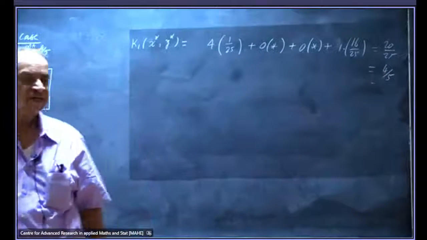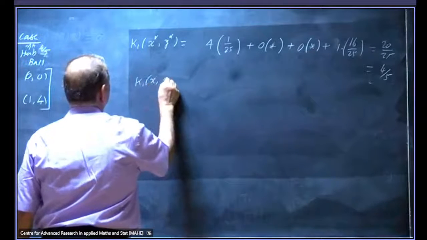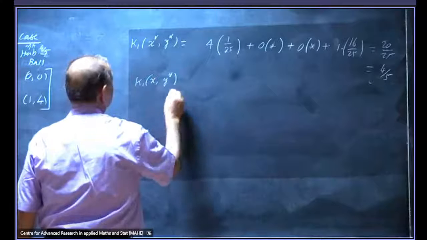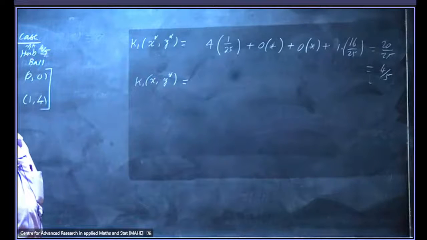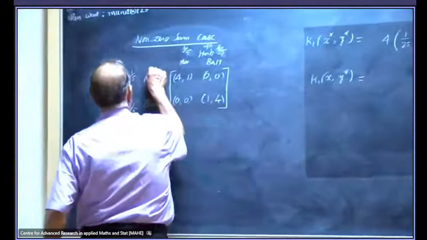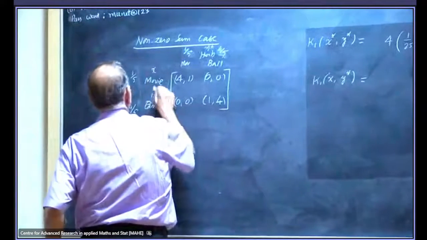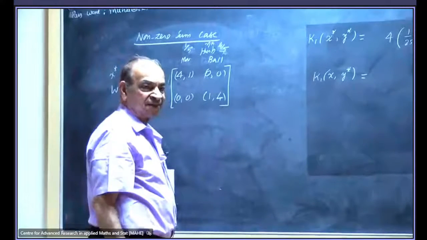Take any x. Let us see what this one gives. Instead of 1/5, 4/5, I am going to put any general x, 1 minus x, because this is chosen with probability x, and this is chosen with probability 1 minus x.